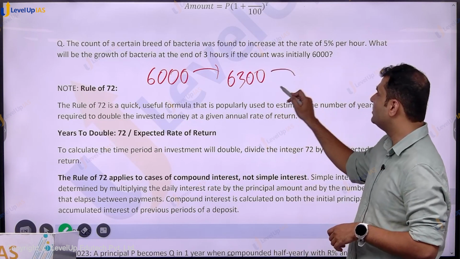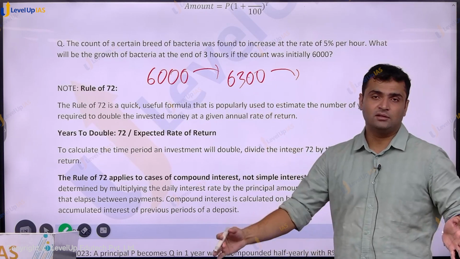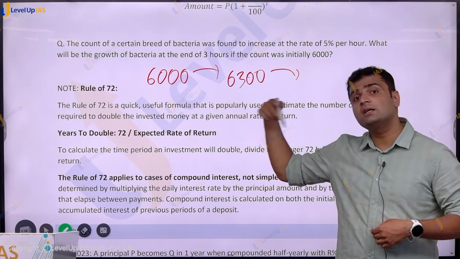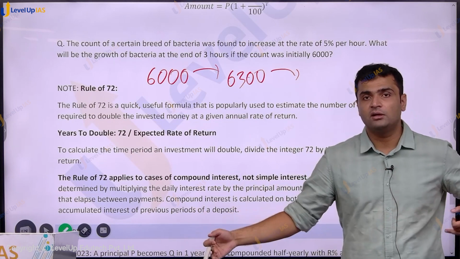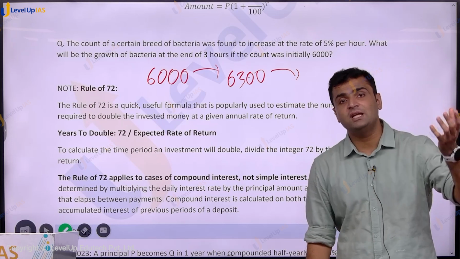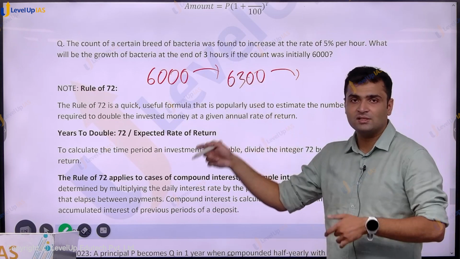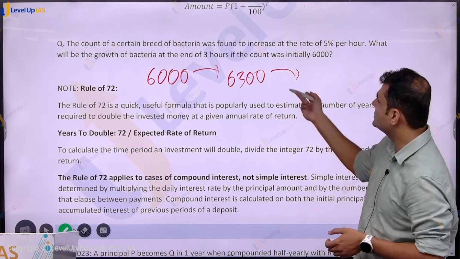After the second hour, it becomes 5% of this now. So the base is increasing. It is not simple interest. It is like compound interest, where the base is increasing. Your principal was increasing there. Your interest was being treated as principal for the next year. So here, the new bacteria are the base for the second hour. So it is just 6,300.